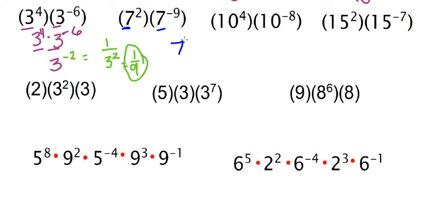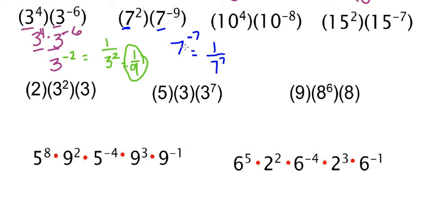So 2 plus negative 9 is going to be negative 7. Well, again, I cannot leave that as my answer because that's a negative exponent, so I need to turn it into a positive exponent using a fraction. So that's going to be 1 over 7 to the power of 7.